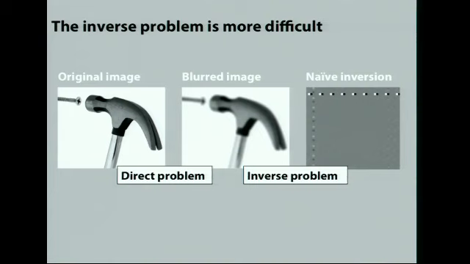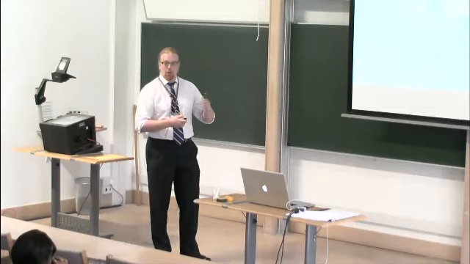Here I show you a simple example where I wrote this linear operation, the convolution operation from this picture to this picture, as a matrix-vector product by writing this image as a vector, by dropping down the columns of the image. Multiplying by a matrix will produce this one, and then I just apply the inverse matrix to this image. Here you see the result. Something strange is going on. It's not just invertible like that.